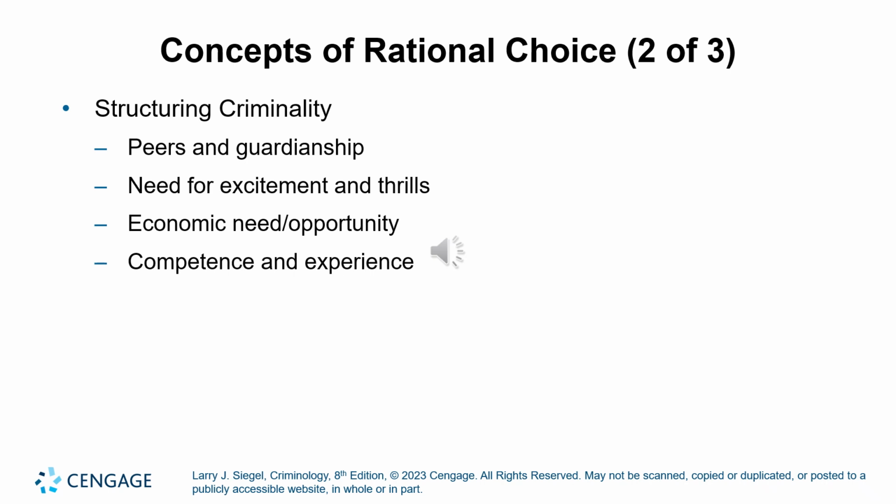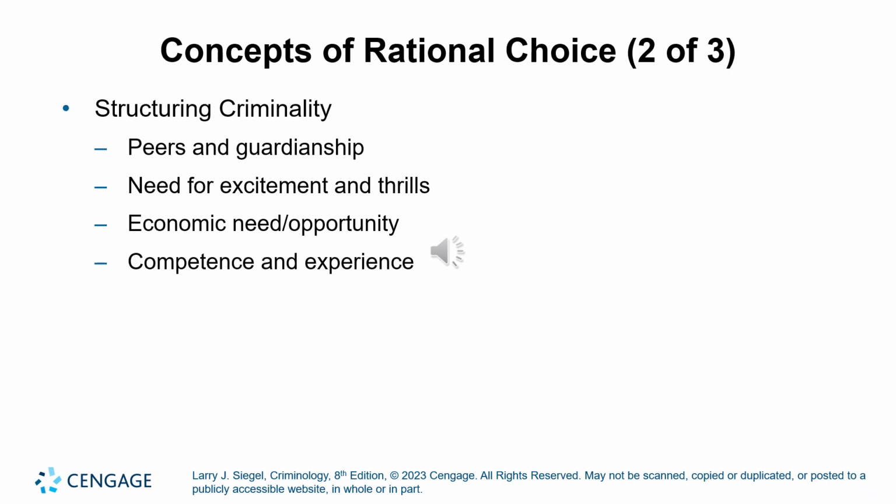Now let's look at how offenders structure their criminality, or how certain personal and social factors shape their decision-making. First, peers and guardianship play a big role. Offenders may feel encouraged by peers or take advantage of situations where there's little supervision or protection. And second, there's the need for excitement and thrills. Some individuals are motivated by the adrenaline or rush that comes with committing a crime. And third, economic need or opportunity can influence choices.